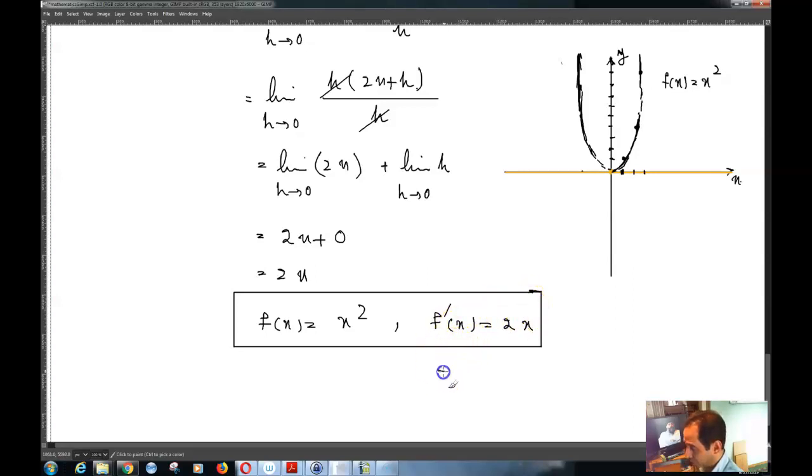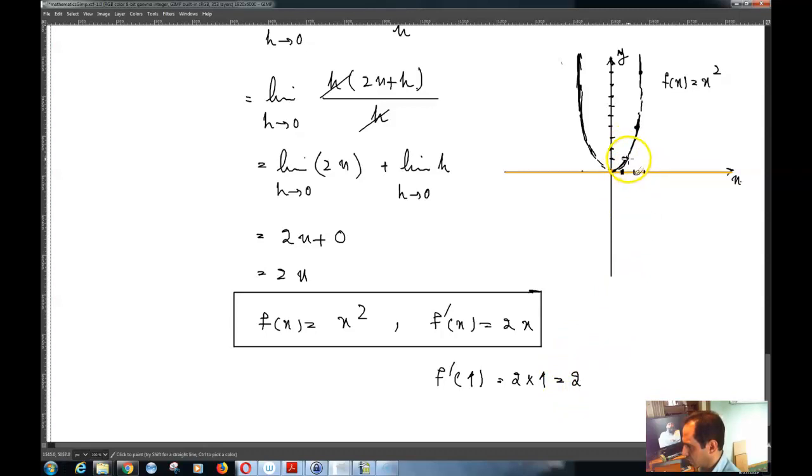Let me see, for example, f prime of 1 would be equal to 2 times 1, which is equal to 2. So at this point x is equal to 1, the slope of the line is going to be 2.